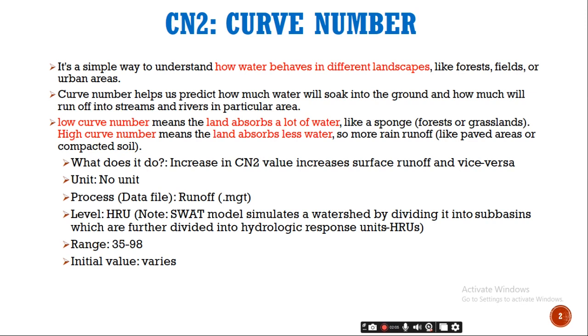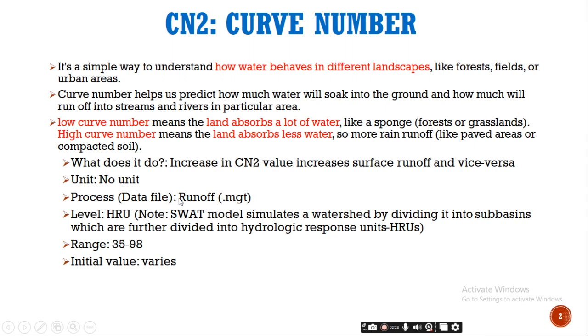If the curve number is low, the land absorbs lots of water like a sponge. If the curve number is high, the land absorbs less water, so there is more runoff. This happens in paved areas, compact soil, concrete land.